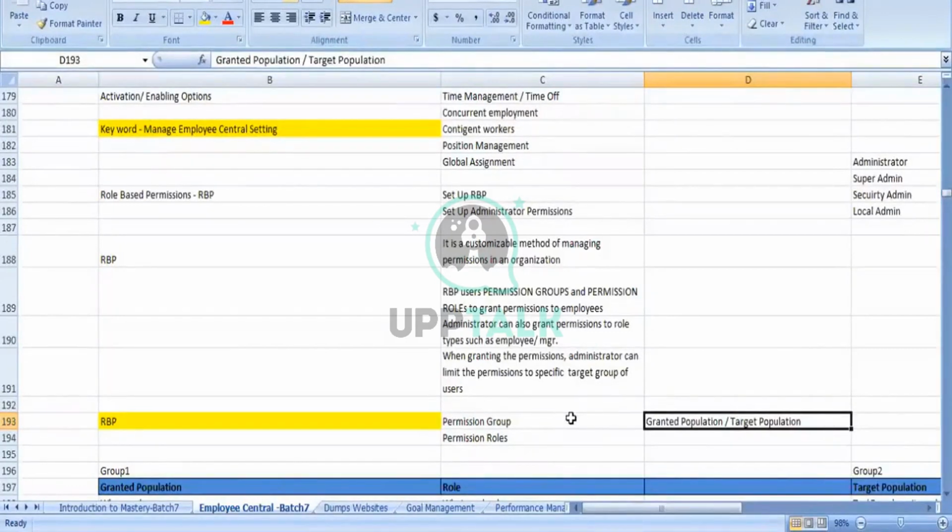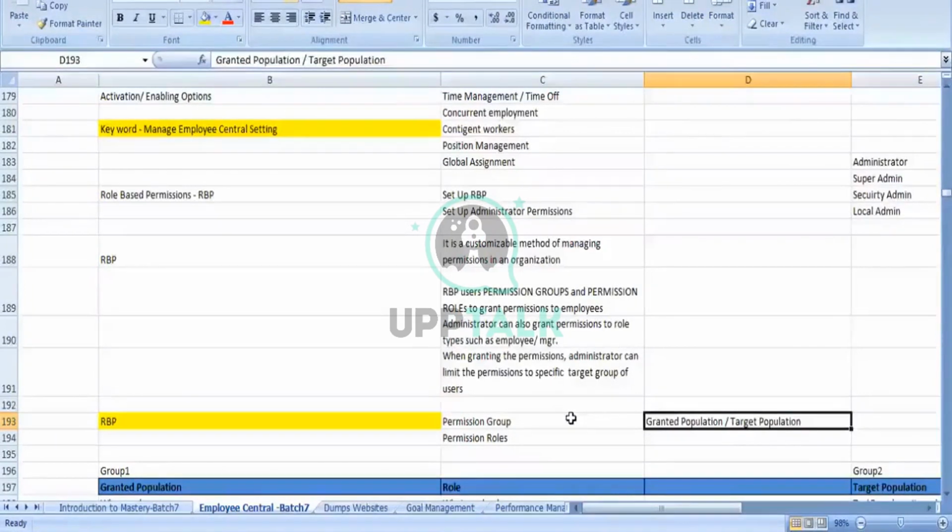If your company is also located in France and France has 100 employees, you cannot access them, because France will have some other HR admin and you are the HR admin for the Germany location. In that case, you will be acting as the granted population.